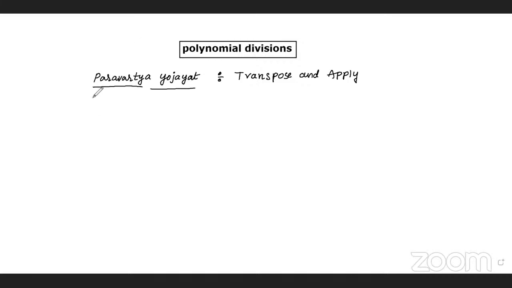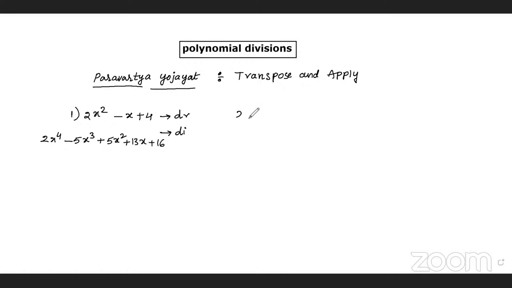The first question: the divisor is 2x square minus x plus 4, and the dividend will be 2x power 4 minus 5x cube plus 5x square plus 13x plus 16.